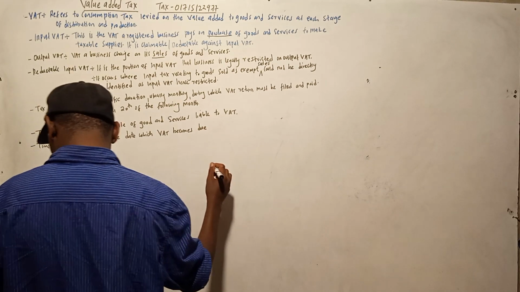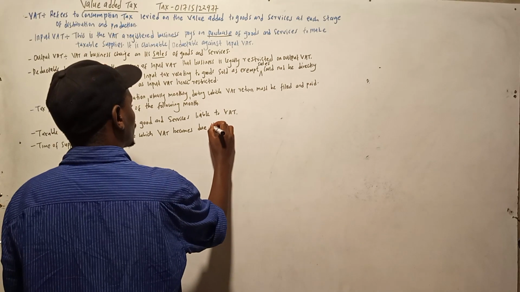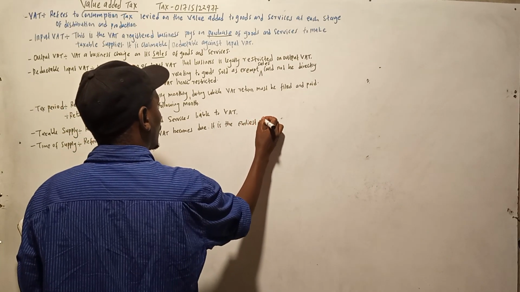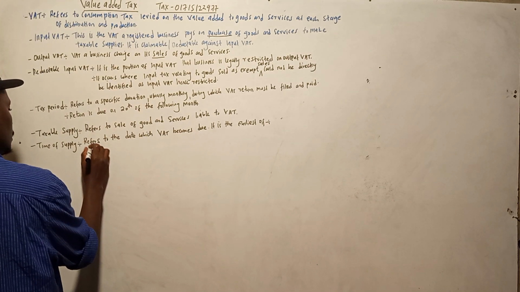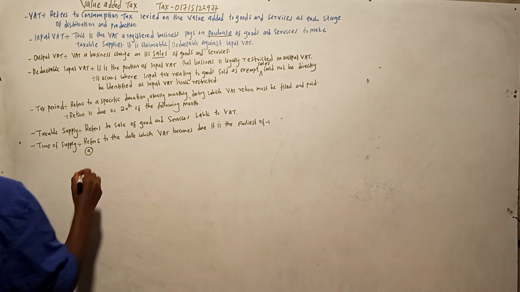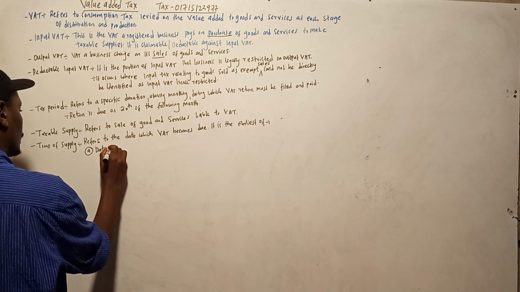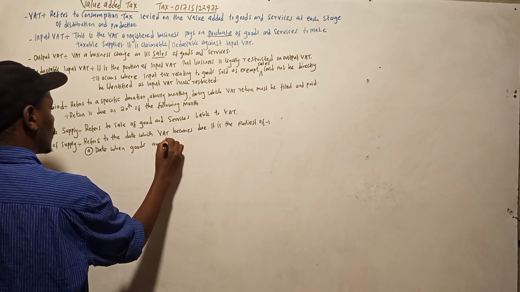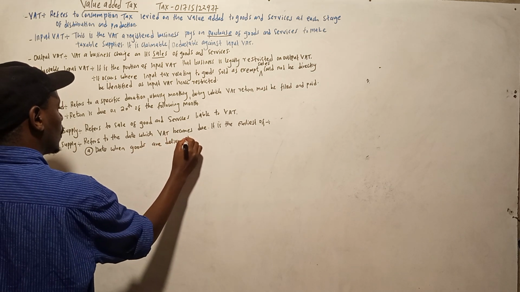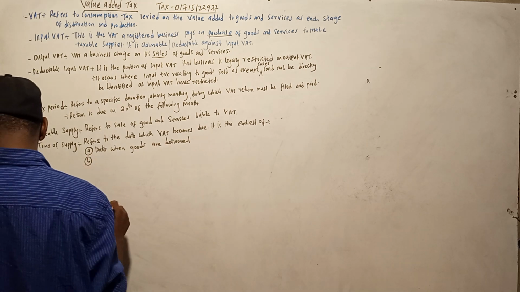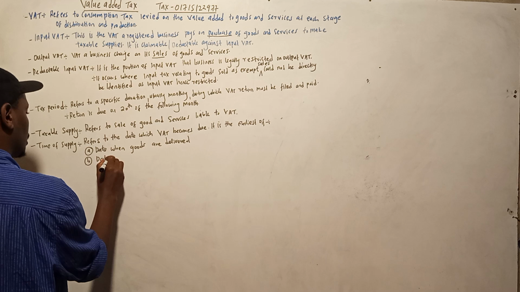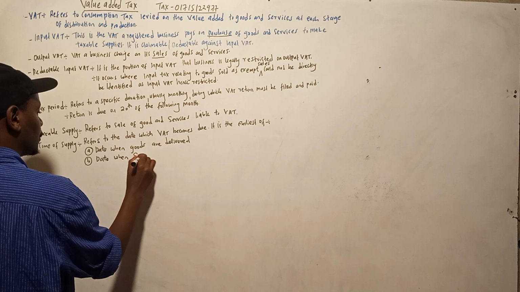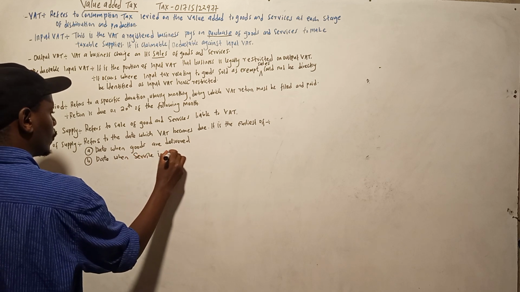We say it is the earliest of: number A, the date when goods are delivered; number B, the date when service is performed; number C, the date on which the invoice of supply is issued.